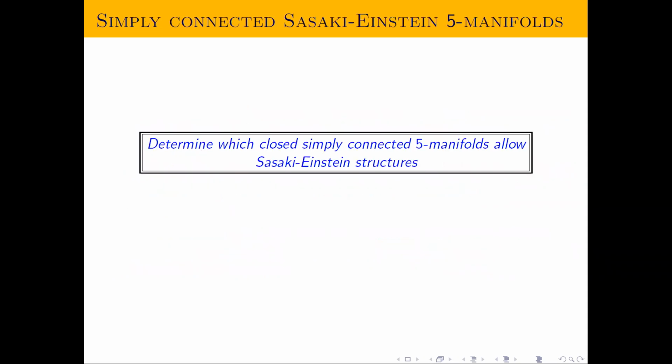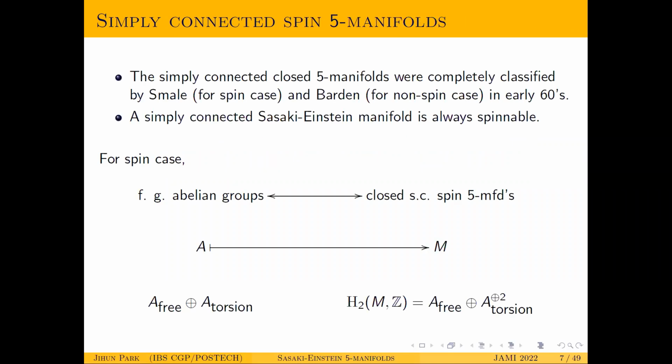The goal of my study is to determine which closed simply connected 5-manifolds allow a Sasaki-Einstein structure. So it's about 2-dimensional orbifolds.